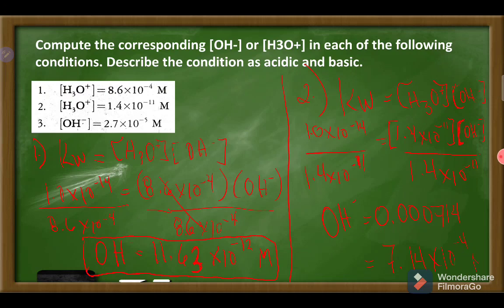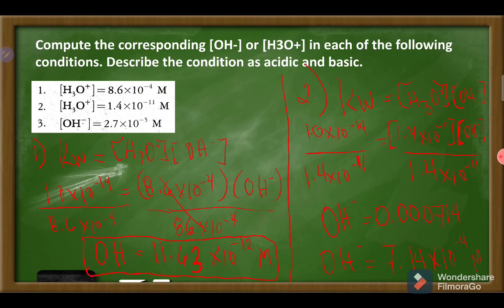That will be in molarity. So the value of OH now is 7.14 times 10 raised to negative 4. I hope you followed the procedure of the solution.